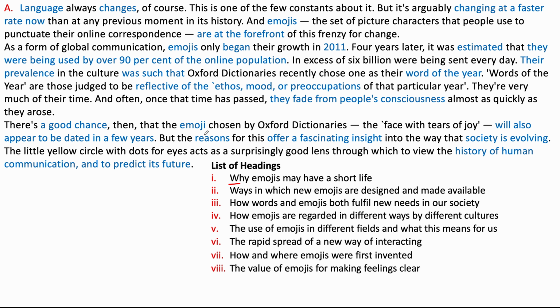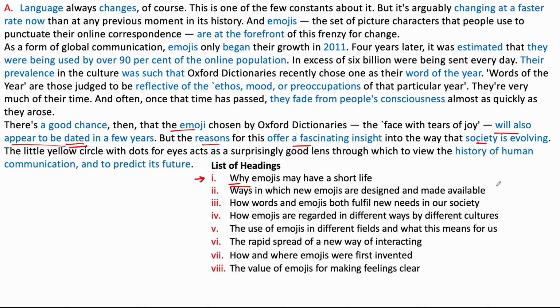It says that the emoji chosen will also appear to be dated or old fashioned in a few years. Then it says that the reasons of why this will be old fashioned soon will help us understand society and human communication. The reasons or the why of emojis having a short life are not mentioned, but it is vaguely mentioned, so we'll keep it in mind.